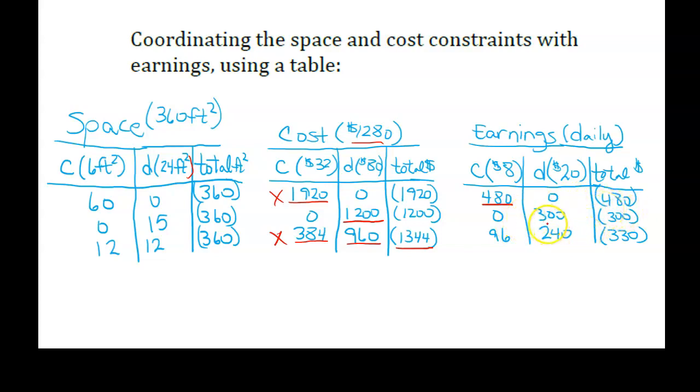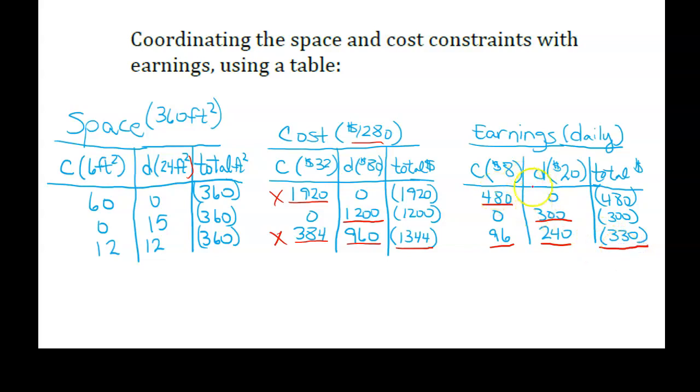If we only had dogs, 15 times the 20 would give us $300 in earnings for the day. And if we had 12 cats times $8 a piece, that would give us $96 per day in income from the cats, and 12 dogs at $20 per day would give us $240 income for the dogs, which would give us a total income of $330.